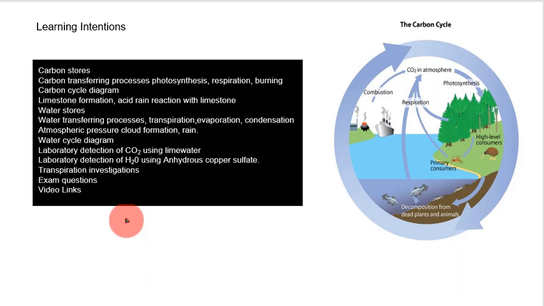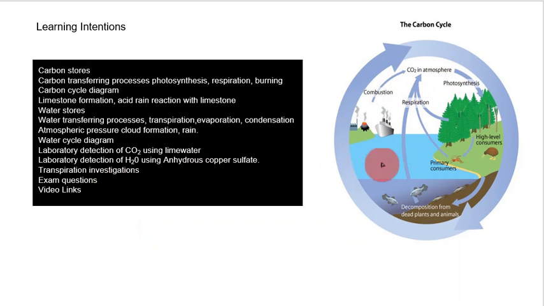We're going to look at some lab methods that you can use to detect CO2 using lime water. Also lab investigations to look for the presence of water, H2O, using copper sulfate. Transpiration investigation, so that's looking at a way that plants lose water, for example, through their leaves, and that's what we're going to focus on in this lesson.